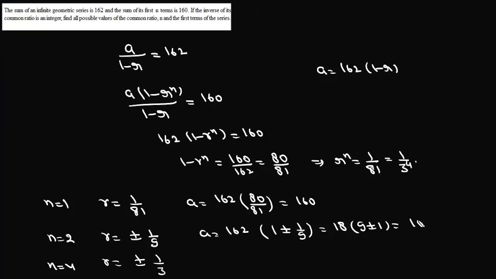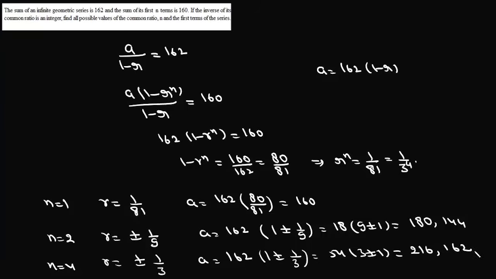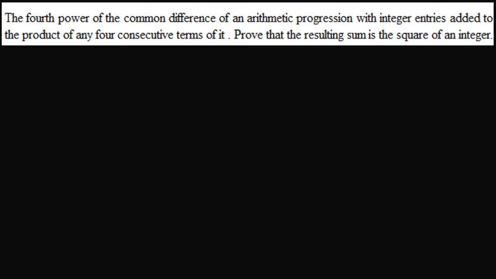So it will be either 180 or 144. And here it will be 162 into 1 plus or minus 1 by 3, which is 54 into 3 plus or minus 1, which is 216 or 162.